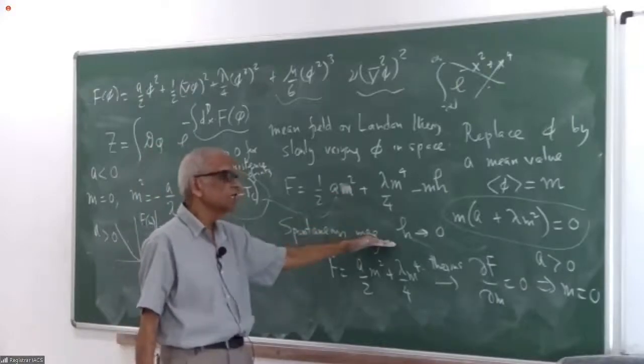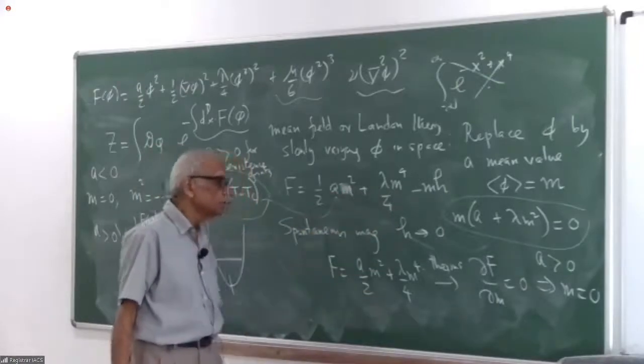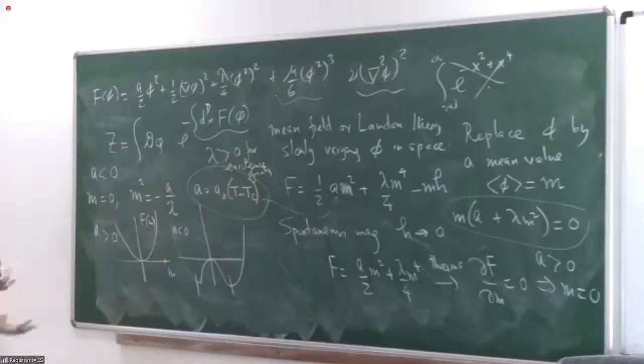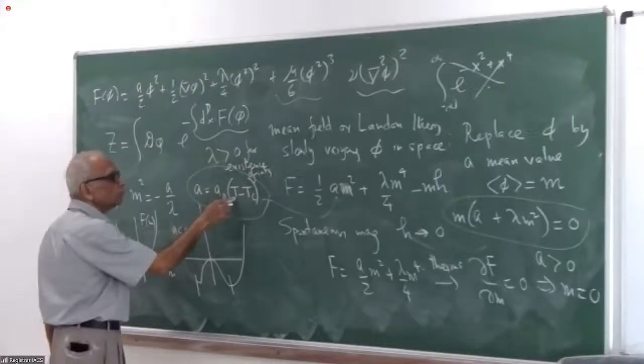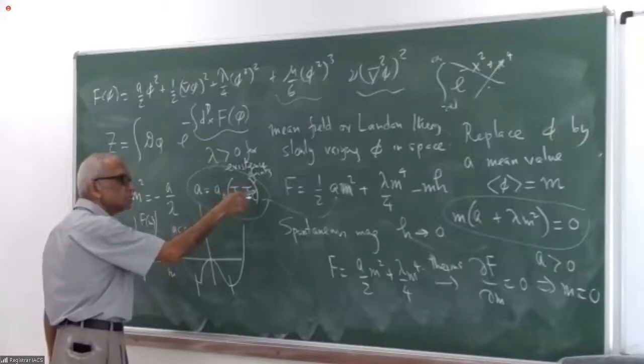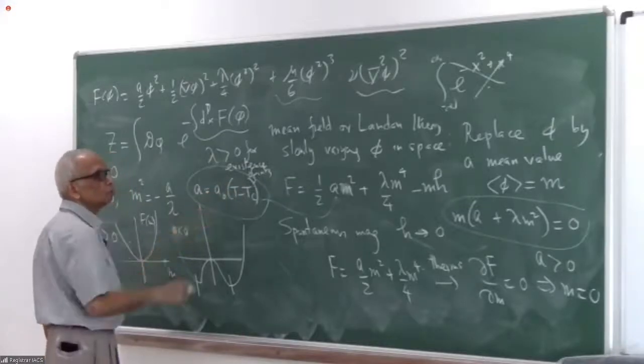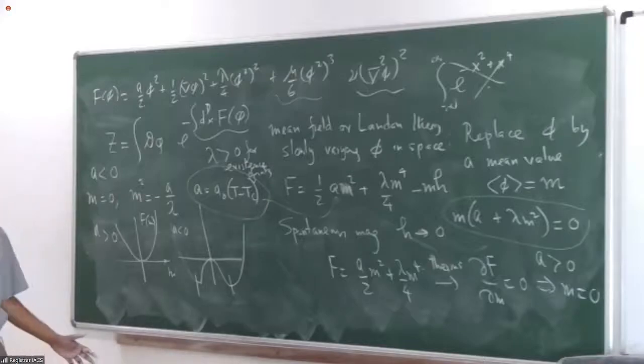If I'm looking at the H equal to 0 state, then that is a spontaneous breakdown of symmetry when you pass from higher than Tc to lower than Tc. So that is the Landau mean field theory.